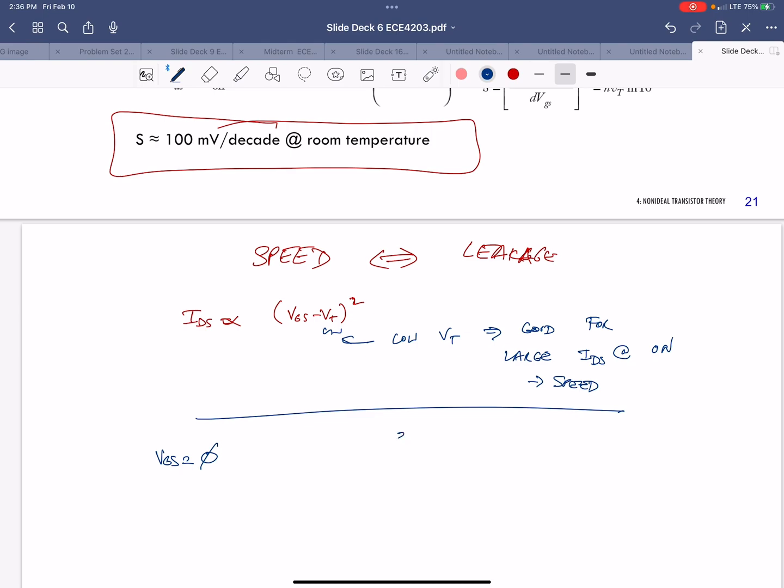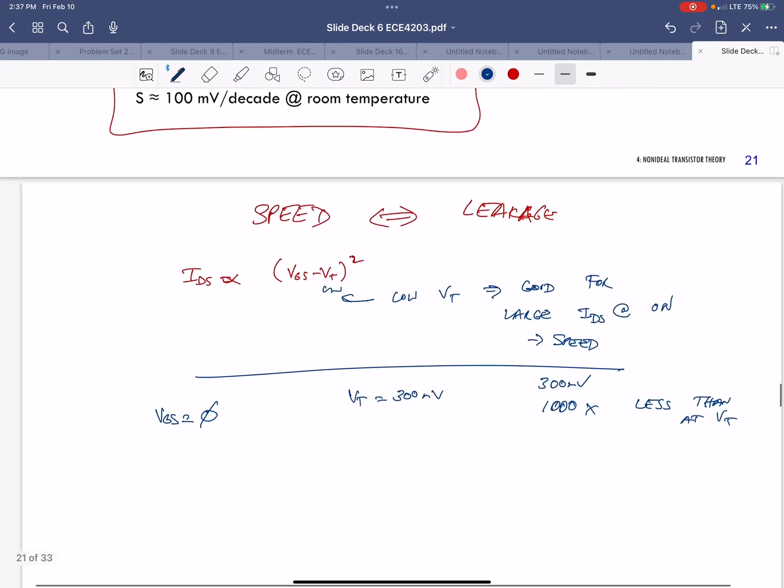Imagine the case where VT is 300 millivolts. In that case, I am 300 millivolts below the threshold voltage when I'm off, so my leakage current is 1,000 times less than at VT. When my transistor is off, it has 1,000 times less current than at VT.